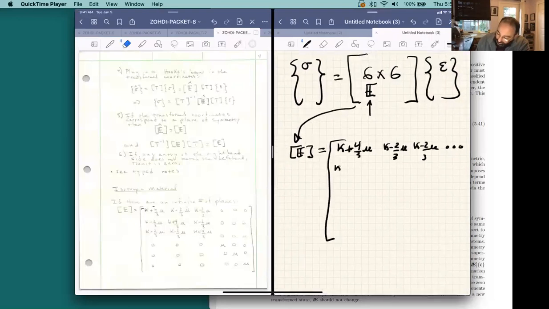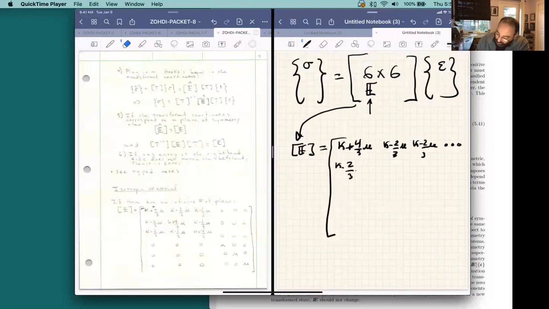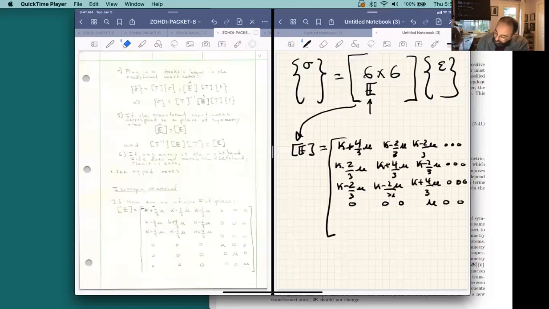Kappa minus 2/3 mu, kappa plus 4/3 mu, kappa minus 2/3 mu, 0, 0, 0. Kappa minus 2/3 mu, kappa minus 2/3 mu, kappa plus 4/3 mu, 0, 0, 0. And then 0, 0, 0, mu, 0, 0, 0, 0, 0, 0, mu, 0, 0, 0, 0, 0, 0, mu. Okay, it has a wonderful kind of form to it.